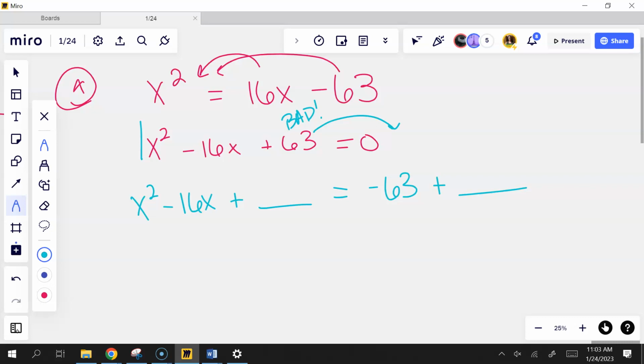Now, cheat code. What does my good C actually look like? That's exactly right. Both sides.